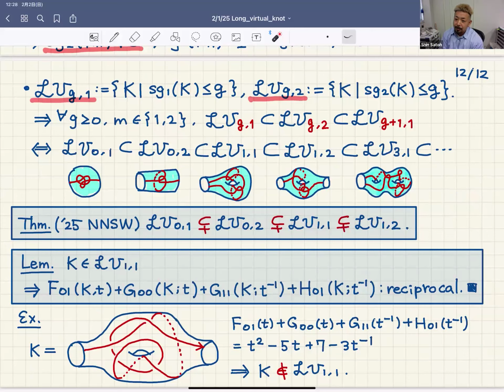The supporting genus of a long virtual knot induces a filtration of long virtual knots as follows.